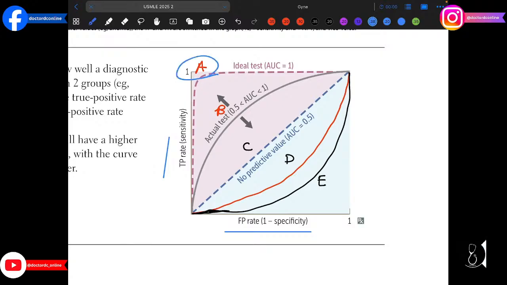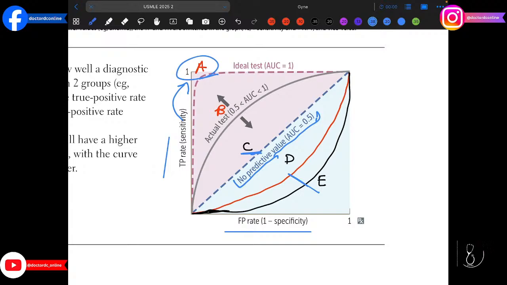There you go, choice A. This test shows a sensitivity that quickly rises when specificity is close to 1. This would be a very good test in distinguishing between disease and non-disease states. Now, this curve, curve C, has no predictive value. That is, it can't tell disease from no disease. And choice D and E here would be distractions.